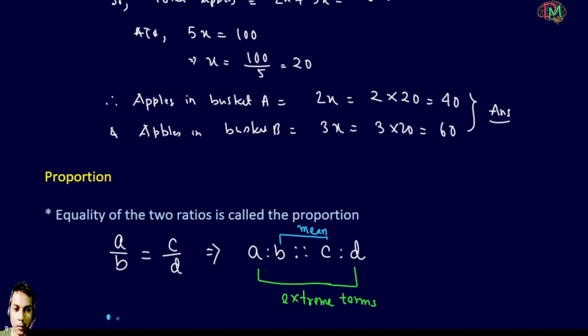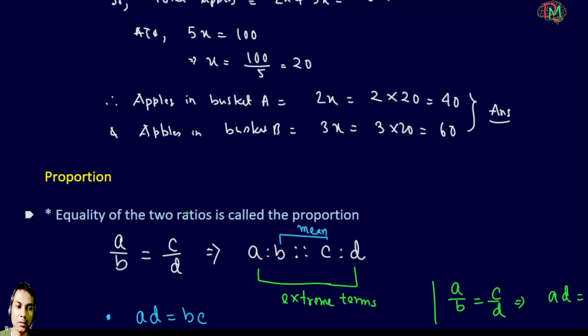One rule to follow is that the product of the extremes, AD, is equivalent to BC. Why is that? From this relation we can easily find out that the proportion can be written as A by B is equal to C by D. Then cross multiply it, and we get AD is equal to BC.